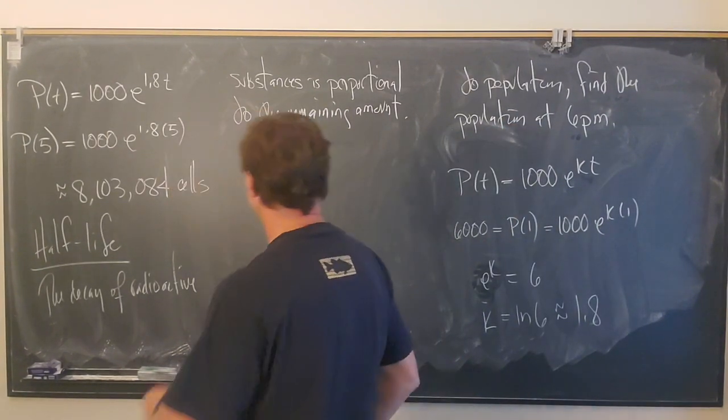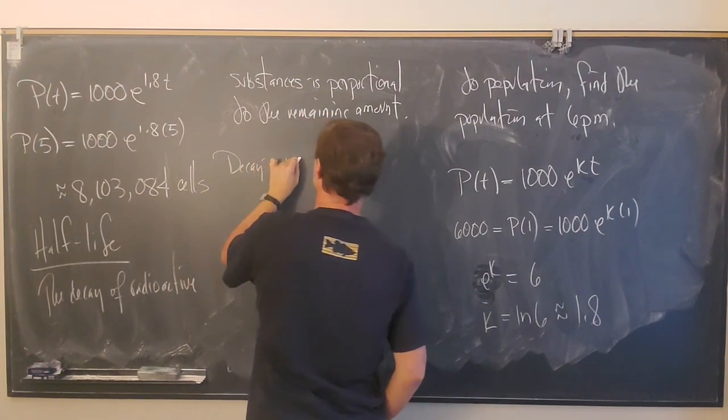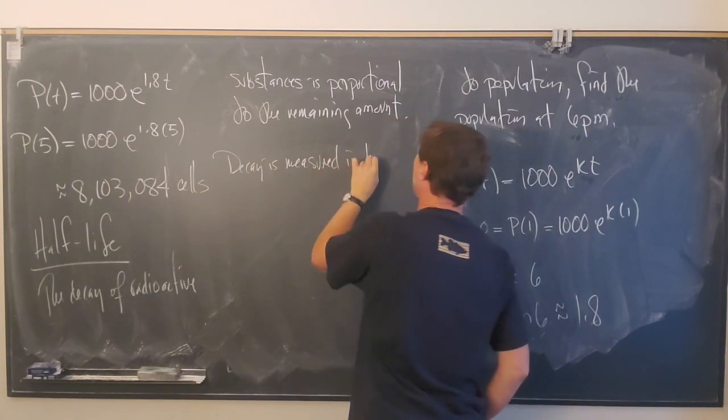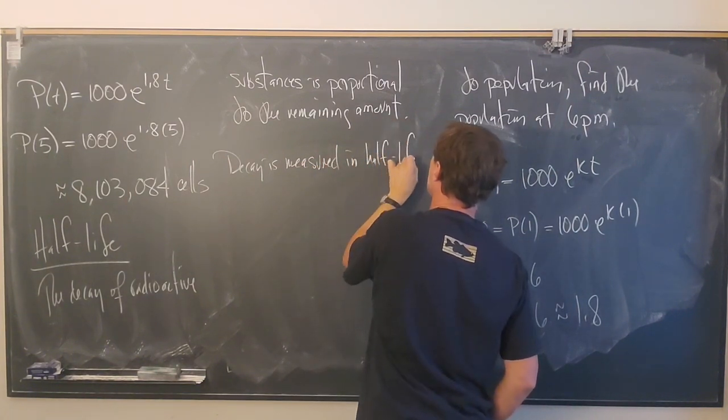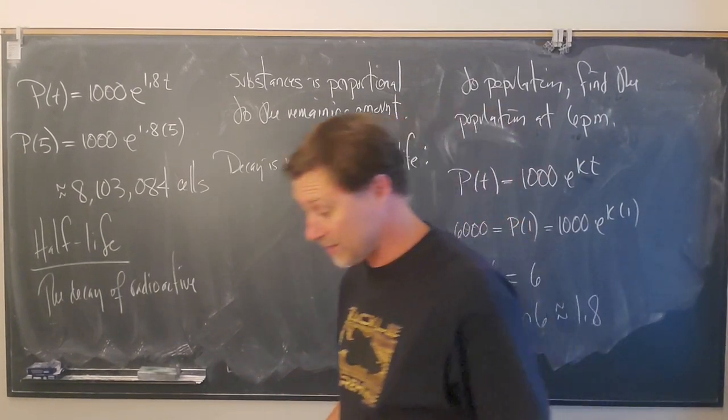So decay is measured in half-life. This gives us a sense of how quickly or slowly it decays.